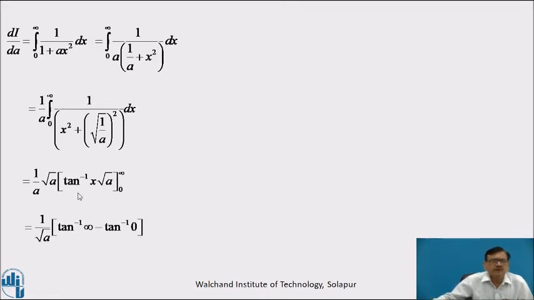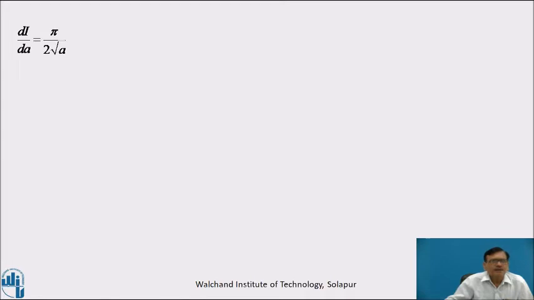Which is equal to root a upon a, that is 1 by root a, and putting the limits, tan inverse of infinity minus tan inverse of 0. We know tan inverse of infinity is pi by 2 and tan inverse of 0 is 0, and what we get is pi by 2 root a. Now dI by da equal to pi by 2 root a.